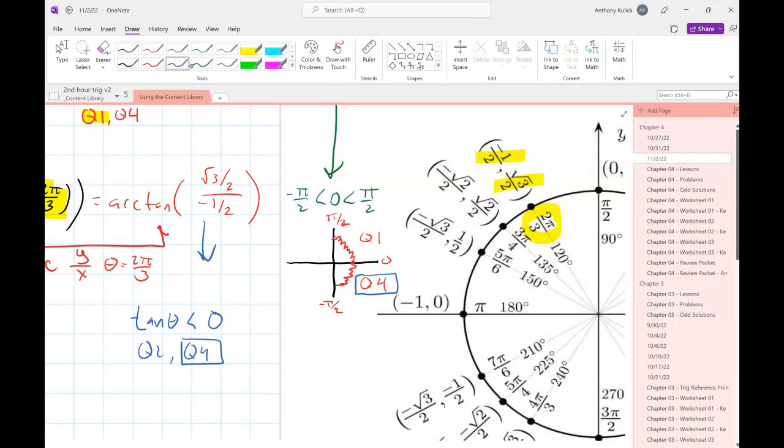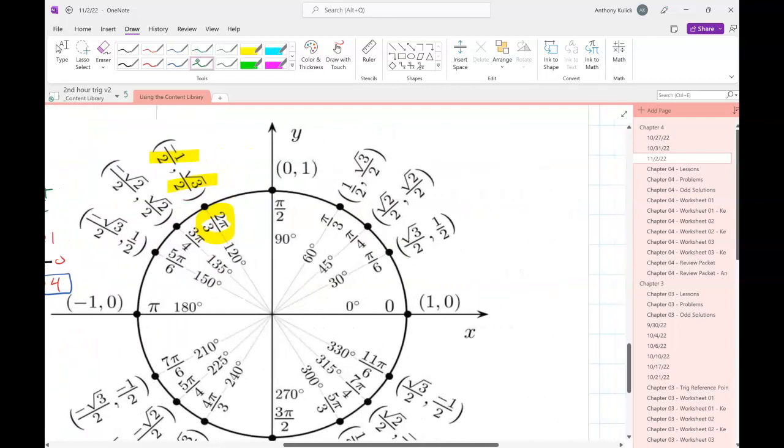Everybody's cool with that? Okay. So I'm going to go to the unit circle and look in quadrant 4, where the y-coordinate has a root 3 over 2 in it, and the x-coordinate has a 1/2 in it. Now, which one should be negative if we're in quadrant 4, the x or the y? The y. Everybody's cool?